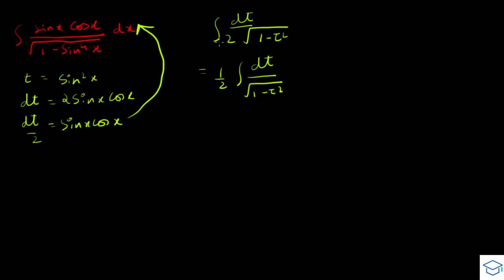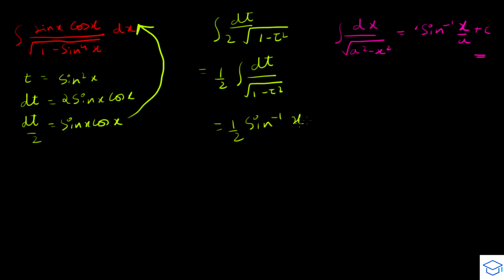So now I need to use the result. Integral of dx by root of a square minus x square is equal to sine inverse of x by a plus c. So this is the result that I need to use right now. So using this result, I will get 1 by 2 sine inverse of t plus c as your answer.